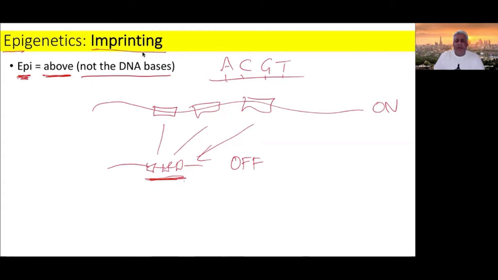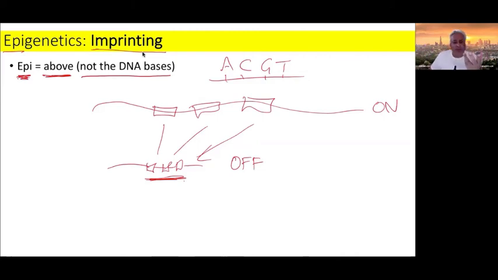And this can be done at various levels. It can be done at the gene level, where one gene is shut down and it doesn't affect the neighbors. It can be done at a large chromosomal level, where hundreds of genes are involved in that compaction event. Indeed, it can be done for an entire chromosome, where the entire chromosome is shut down.